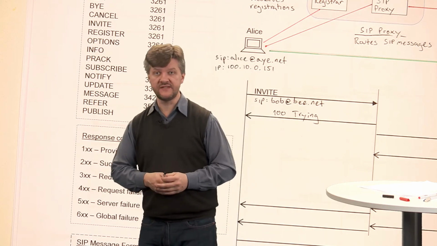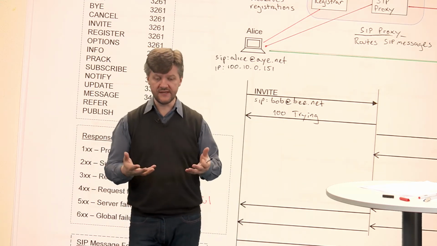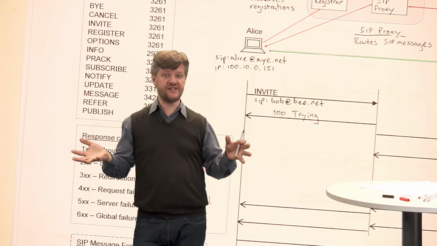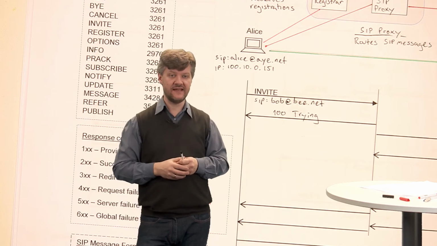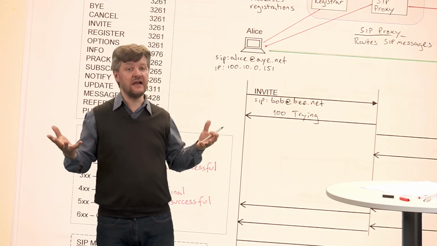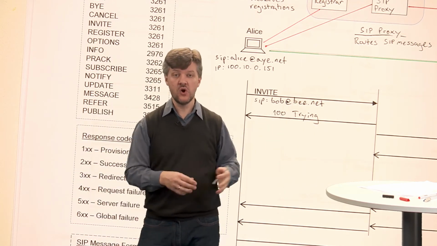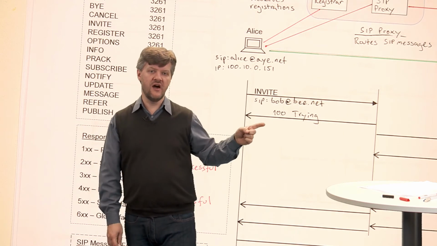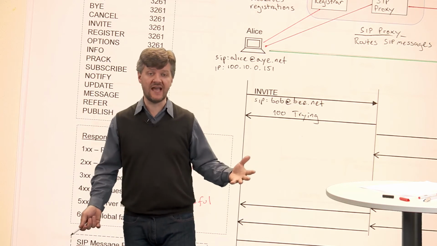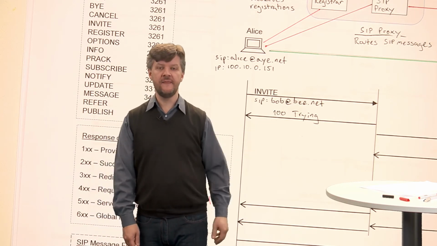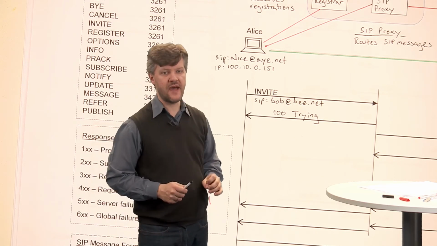In the RFC 3261, the response codes are written with numbers and suggested text. That doesn't mean that text has to be what's used. I've seen all kinds of texts looking at real networks in the world. I've seen 100 giving a try, for instance. Or I could put in 100 I really don't want to try, and it would be the exact same thing. Or I'm not trying. The 100 means what it means. So it's the number that matters here.